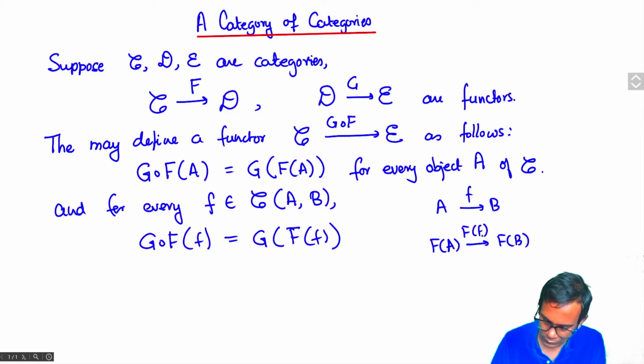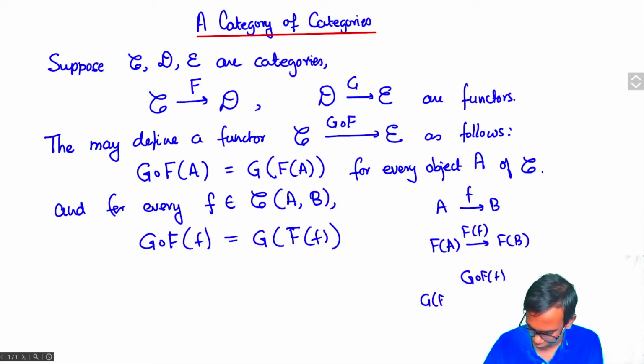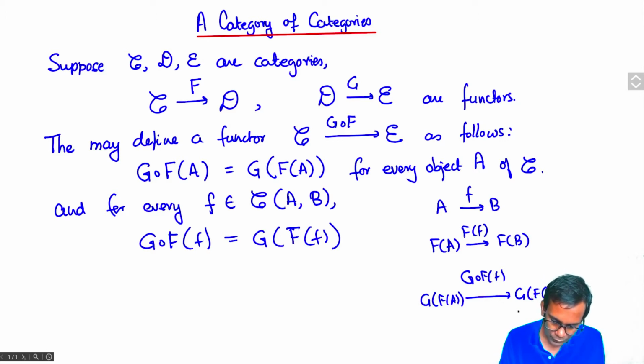This is how functors work. And then G circle F of f is from G of F of A to G of F of B, and this is an arrow in the category E. And so this defines the composition of functors.